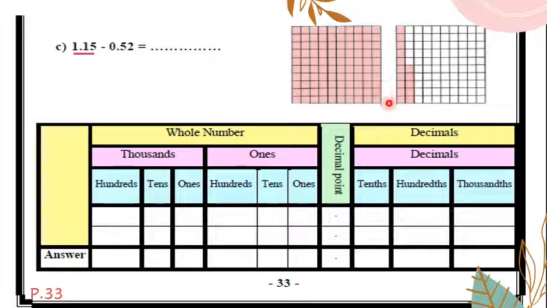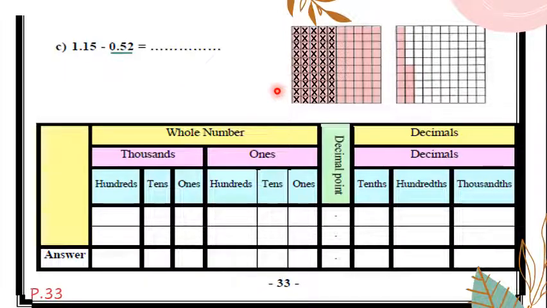Here I have minus, so that means I will cross out 0.52. I will cross the first column. Here 10, 20, 30, 40, 50, and 2 small squares, 1, 2.